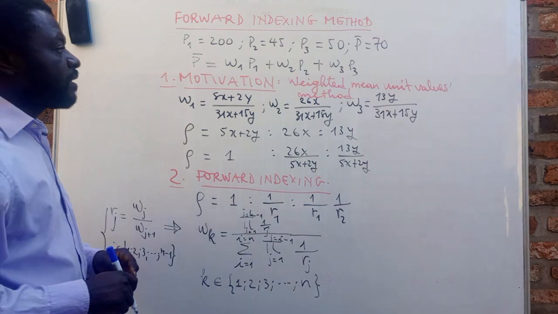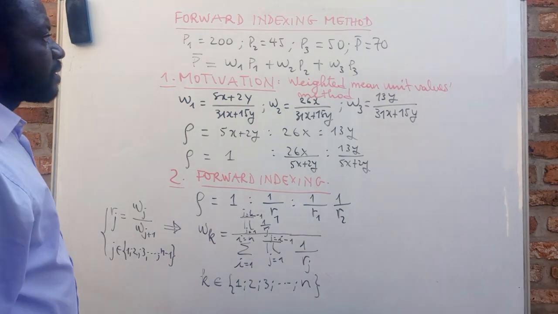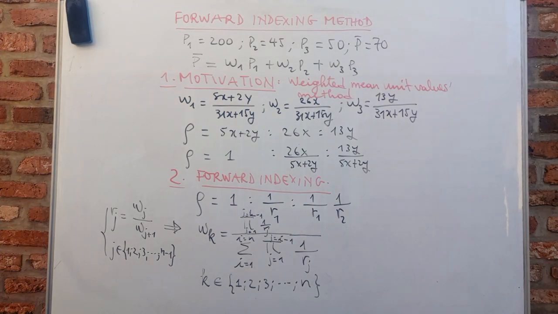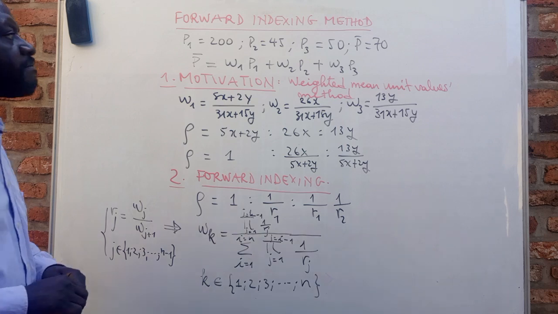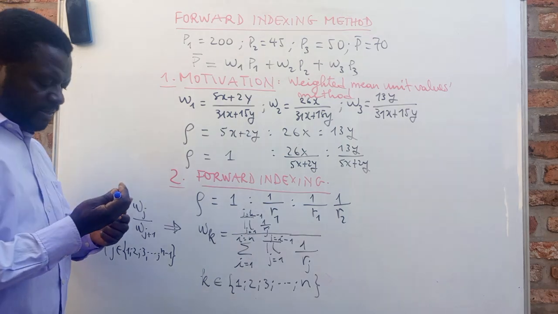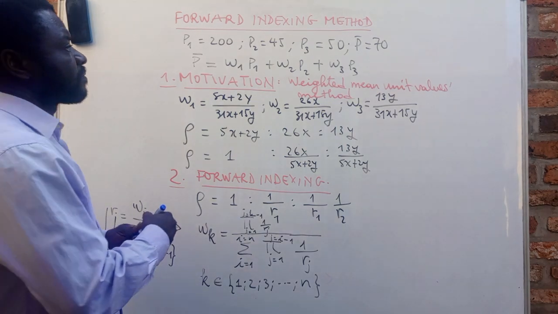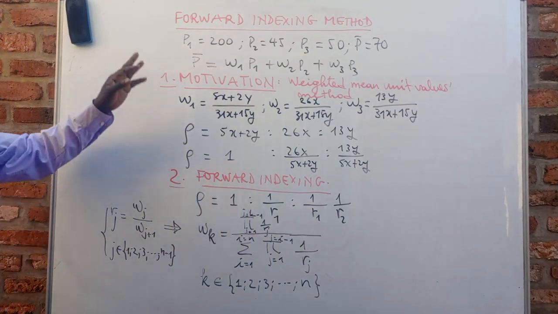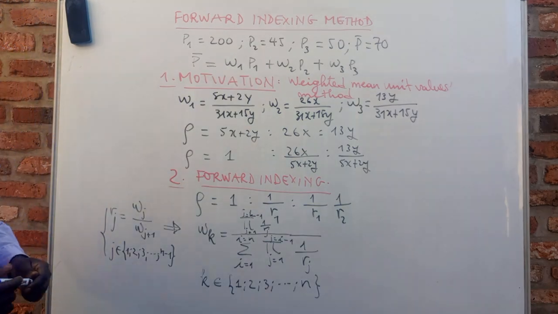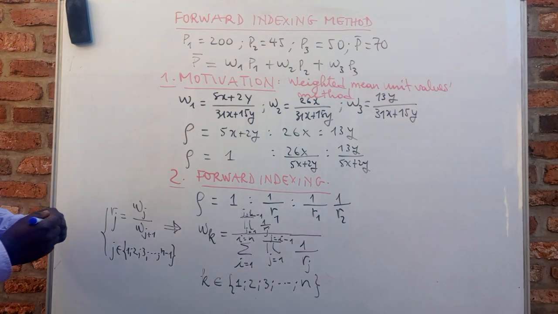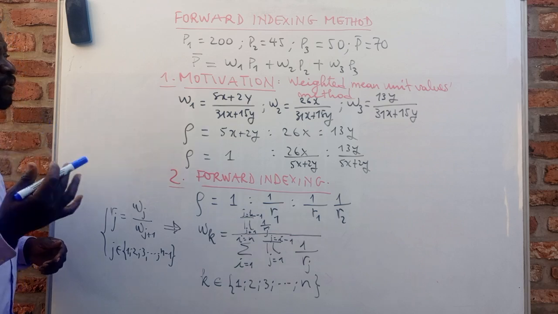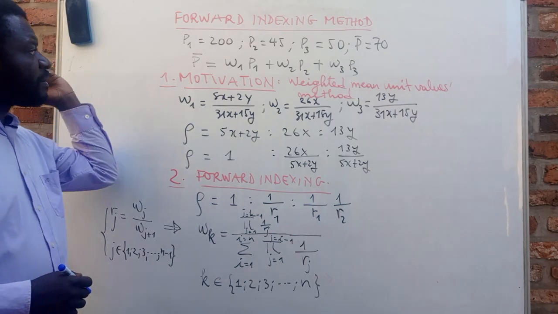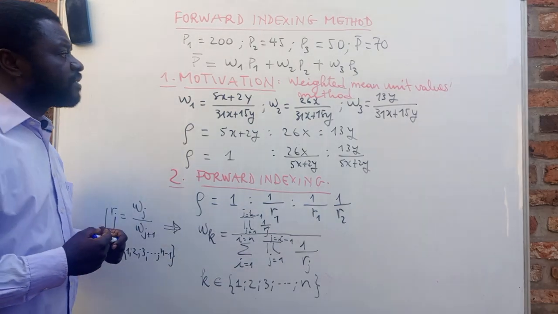Okay, hello everyone. This is another video on alligation. Today we're going to talk about the forward indexing method, and we will use the example from the last video.